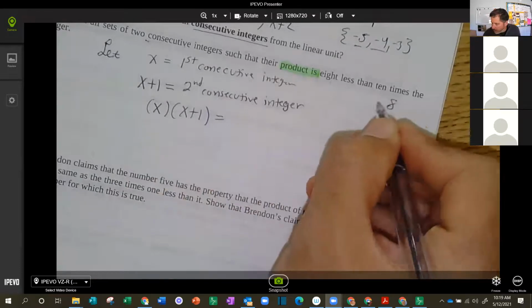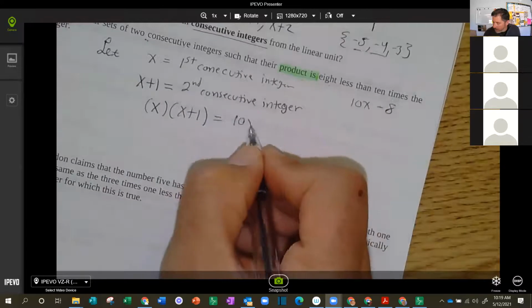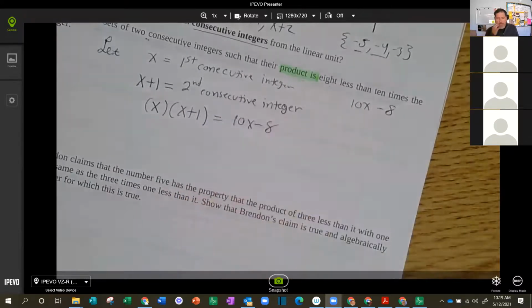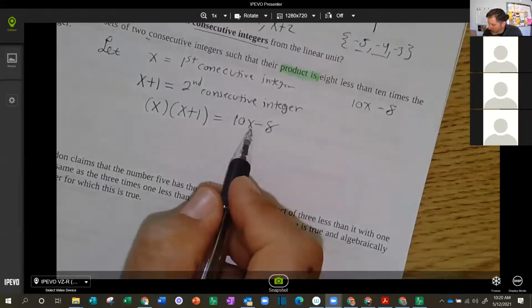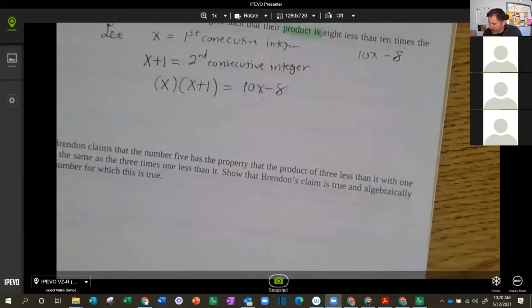That means something minus 8, 10 times. So that's 10x minus 8. That's weird because that's similar to the last problem. Okay. Is 8 less than 10 times the smaller number? Okay. And you see how smaller number is x. So if we're good with this, we can get to solving it.